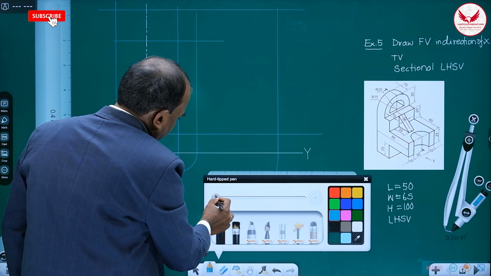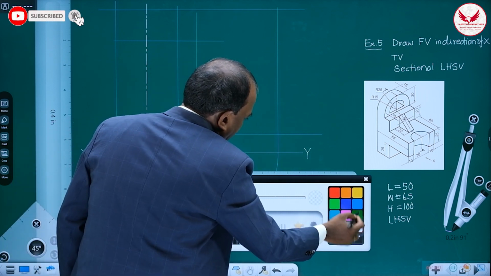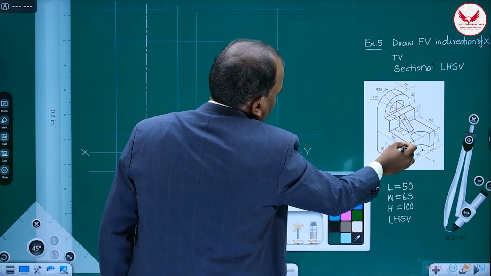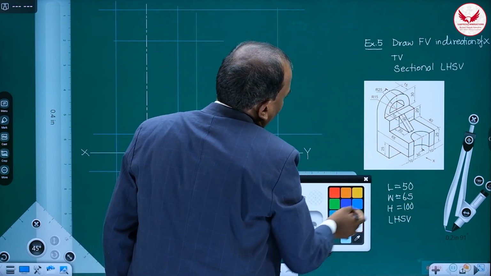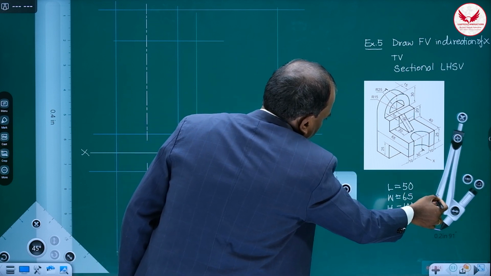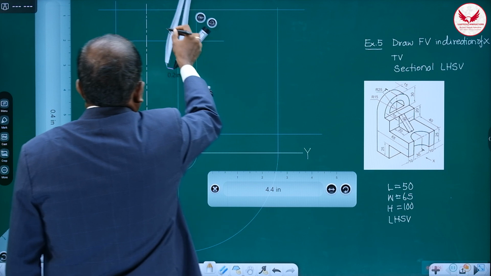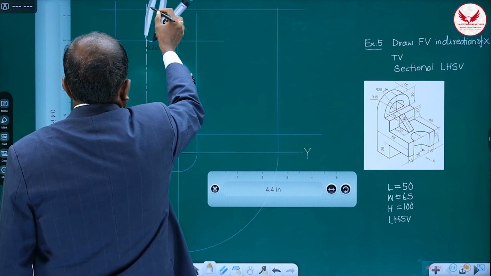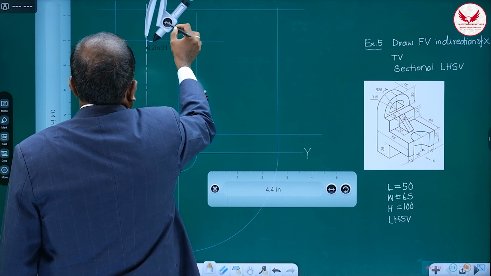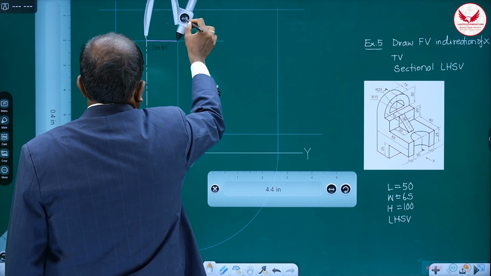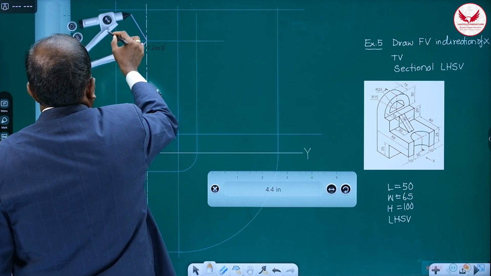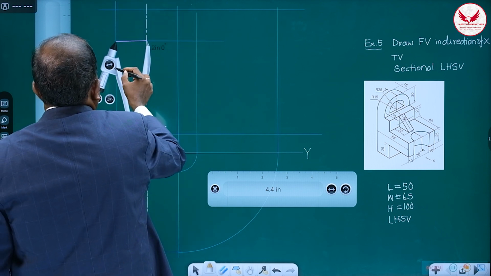Then how to draw that portion? You can draw it like this. In the front view there is this semicircle as well as this semicircle, and in the top view this semicircle is there. What is the radius of the outer semicircle? It is 25. How can we mark that 25? With this center, increase it, and first check whether it is matching perfectly.